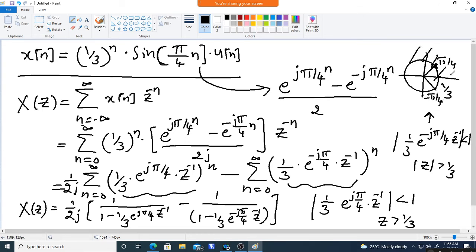The region where magnitude of z is greater than 1 by 3 is the ROC region. So that is how we find the ROC.